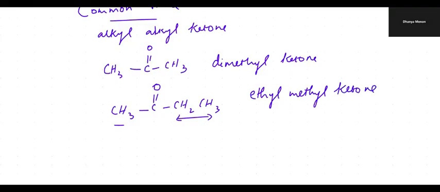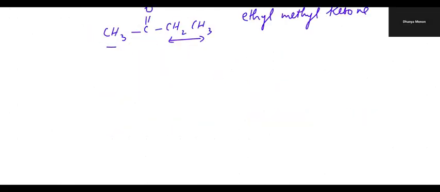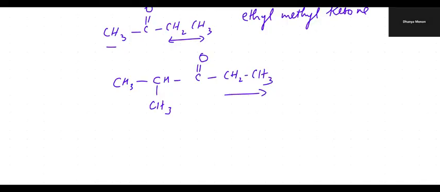Suppose I have a ketone, and I'm discussing the common name: CH3, CH(CH3), C=O, CH2CH3. On this part you have ethyl. And if you look at this side, the branching is from the second carbon atom, so this is isopropyl.